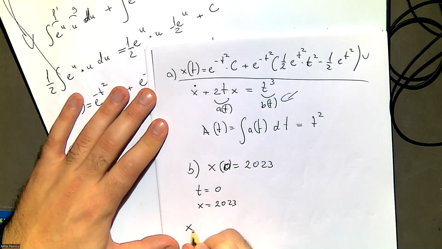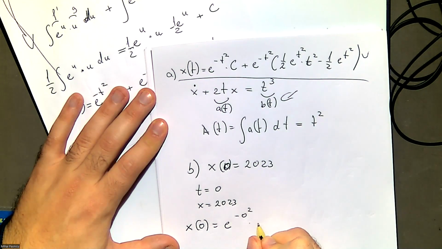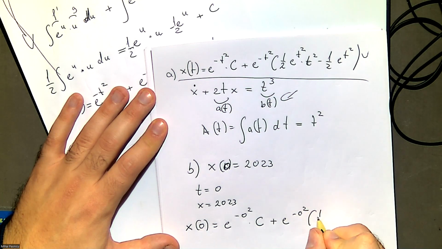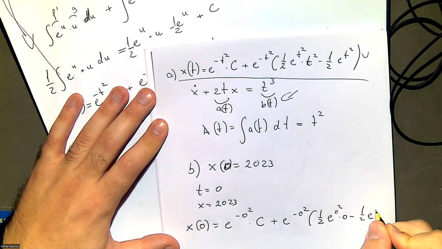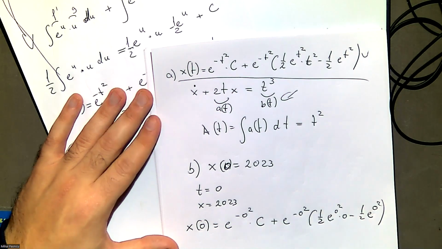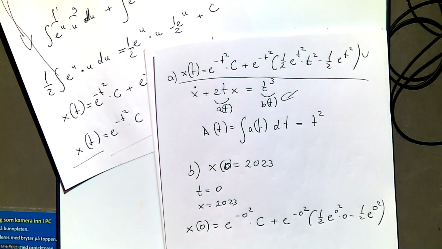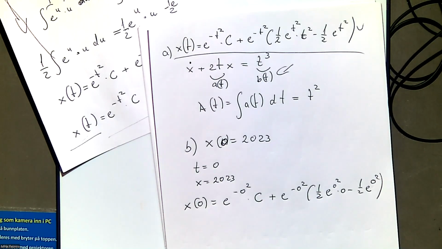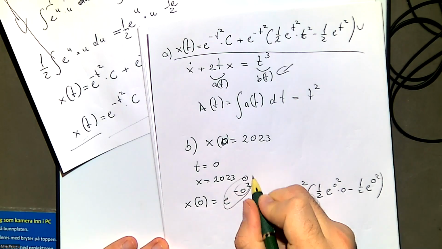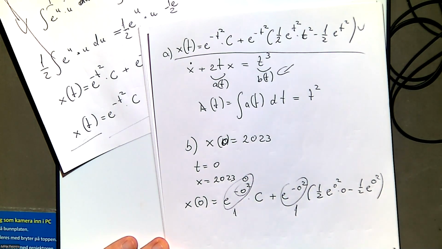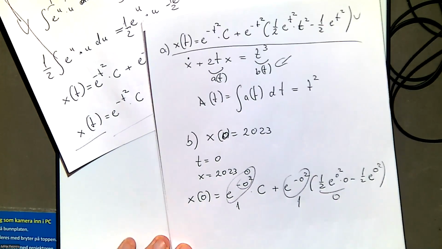So x of 0 is equal to e^(-0²) times a constant plus e^(-0²) times (1/2 e^(0²) times 0 minus 1/2 e^(0²)). What a great decision I made with this 0. Everything looks nice. 0 squared is 0, this is just 1, this is just 1, this is 0.